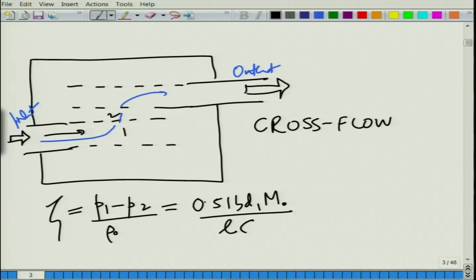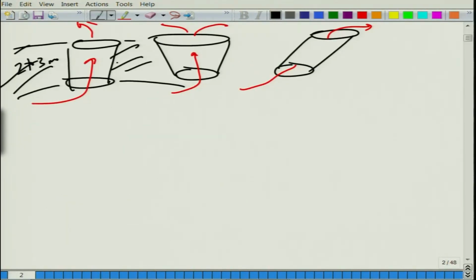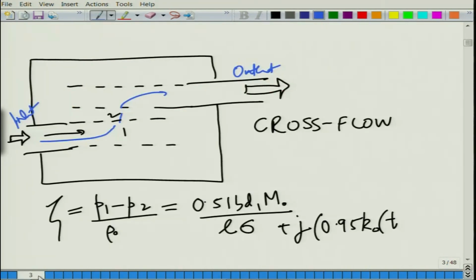L is the length of the perforate, sigma is the porosity I was talking about, plus j times 0.95 k naught, where t is the thickness of the perforated plate. Remember, this is your thickness, so t plus 0.75 diameter dh, and this entire thing is divided by sigma.